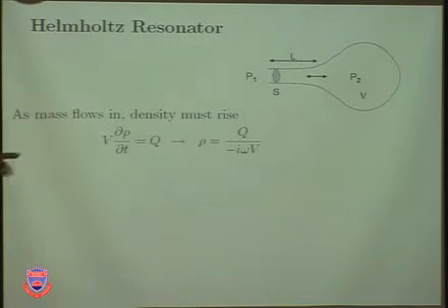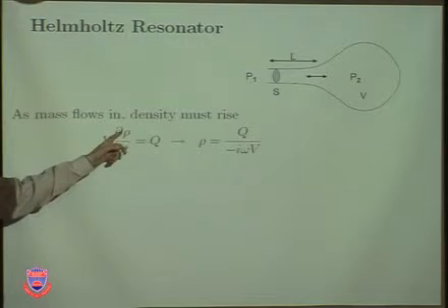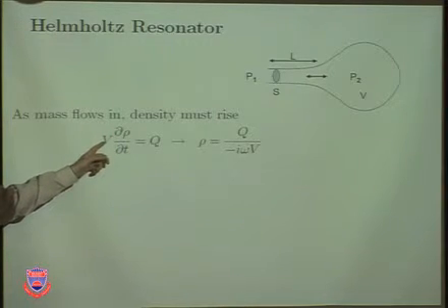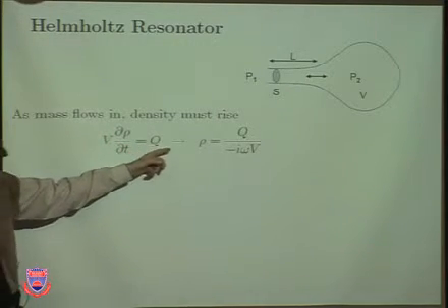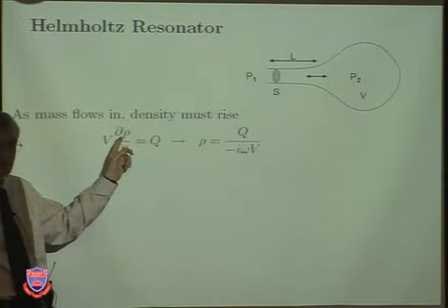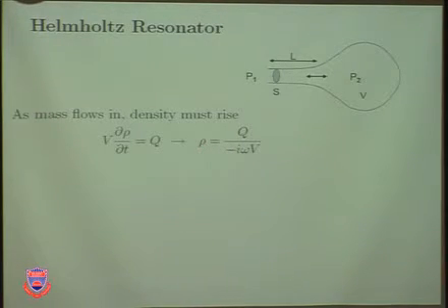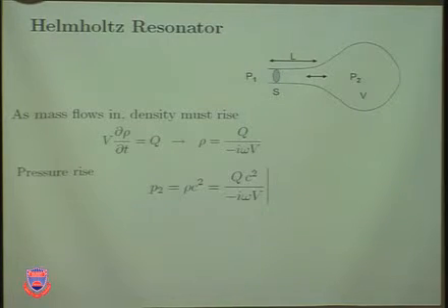So what we have here is to demonstrate the rise of the density, change in density times velocity as the mass flow. So for harmonic change, e to the i omega t, we can express the density change in terms of mass flow into the system.